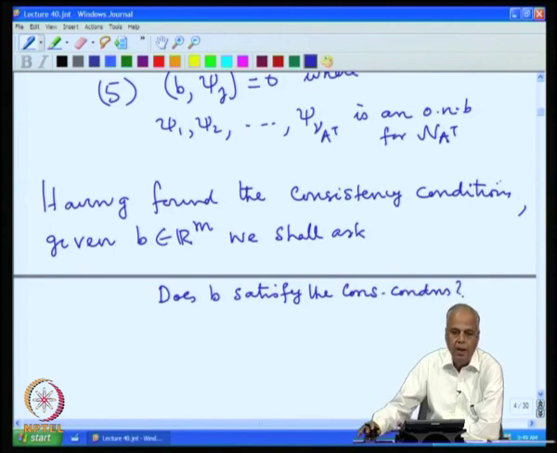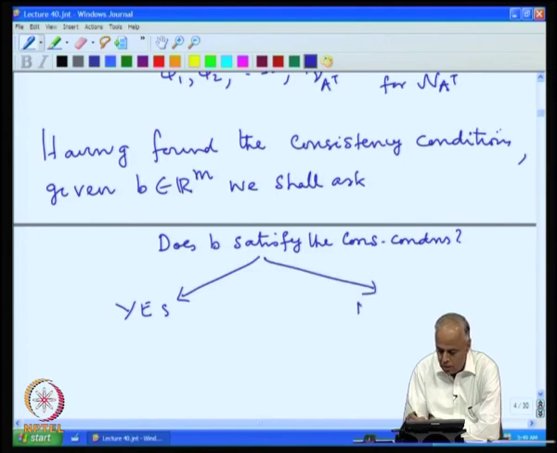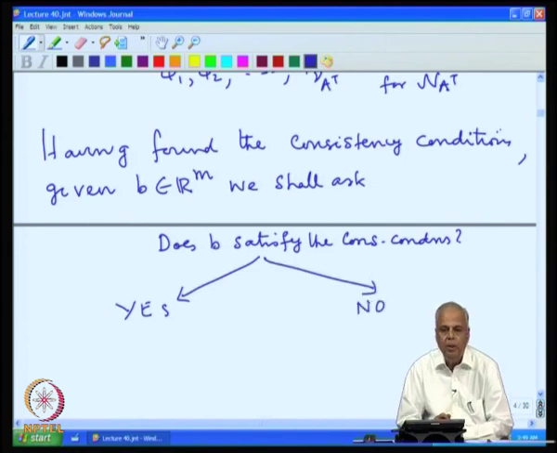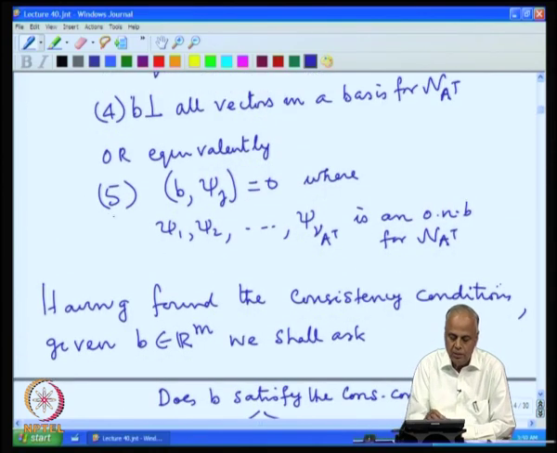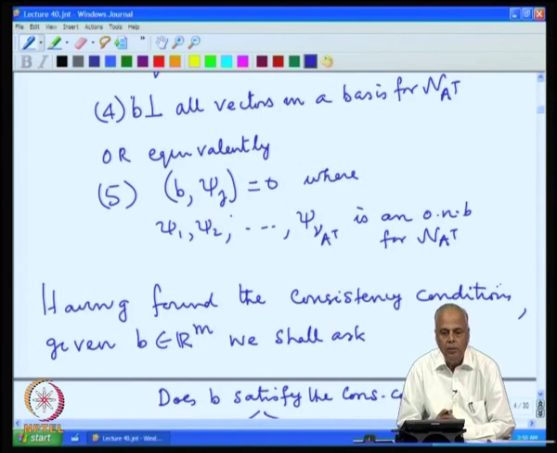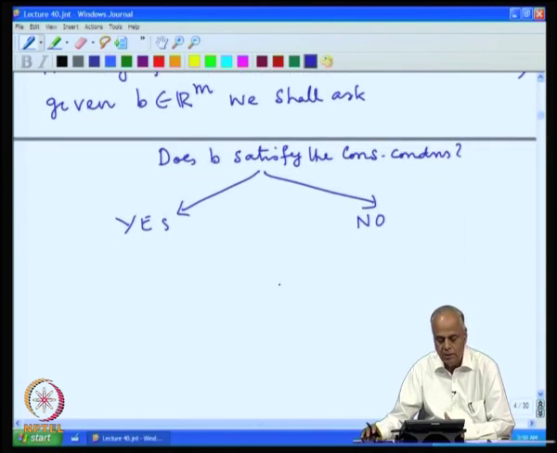That was our next question, and we said we could get the answer in two forms, either yes or no. Either B may satisfy the consistency conditions or not. If B satisfies this orthogonality to all the basis vectors, then it satisfies the conditions. If it fails to be orthogonal to even one basis vector, then it fails to satisfy the consistency conditions.